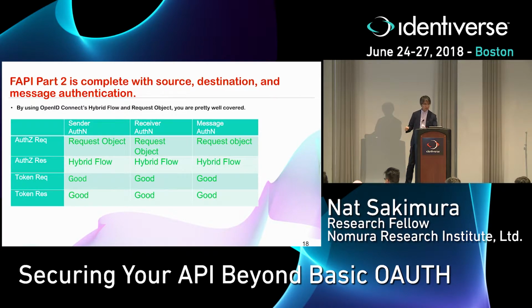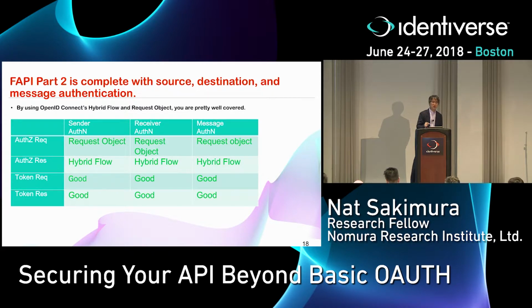The authorization request is protected by something called a request object, which is part of the OAuth JAR spec. It's also been there in OpenID Connect since 2011, 2012. And the authorization response is protected by the hybrid flow, which is defined in OpenID Connect.